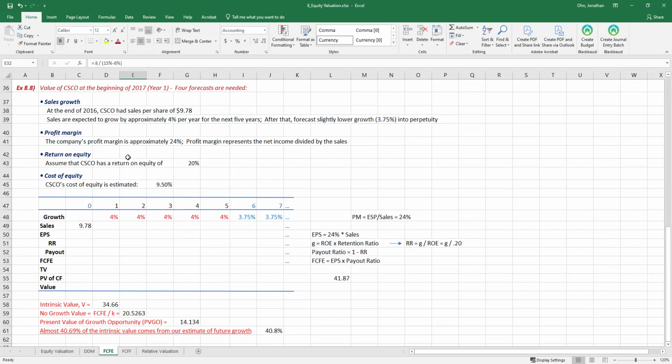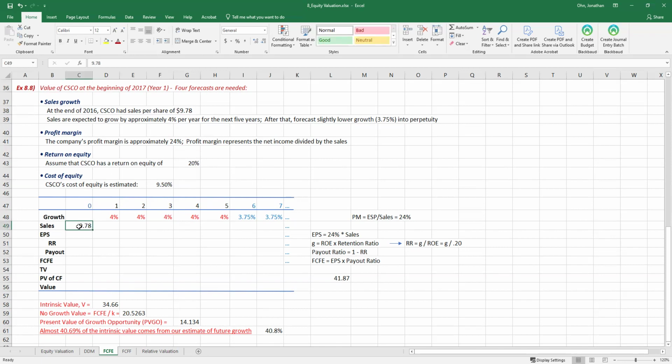Since it is the past, but they are trying to get the intrinsic value as of the beginning of 2017, instead of using 2016, 17, I used 0, 1, 2, 3. That would be easier to understand. So in 2016, their per share sales value is $9.78.